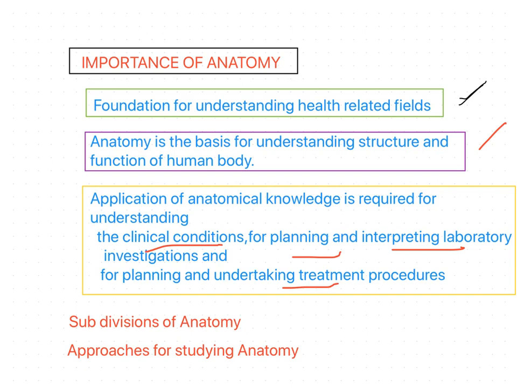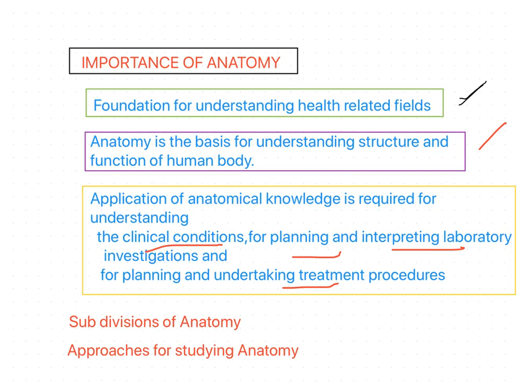So these come under the region wise approach. In the system wise approach, we can study one system as a whole, like the circulatory system, excretory system, or respiratory system as a whole. You can study in that way under the systemic type of approach.